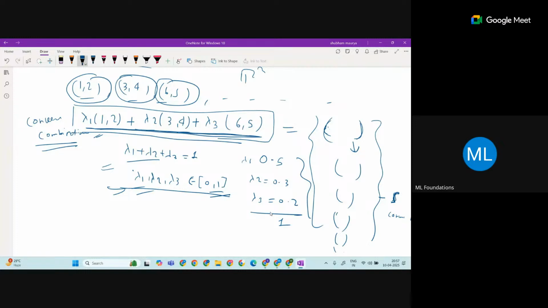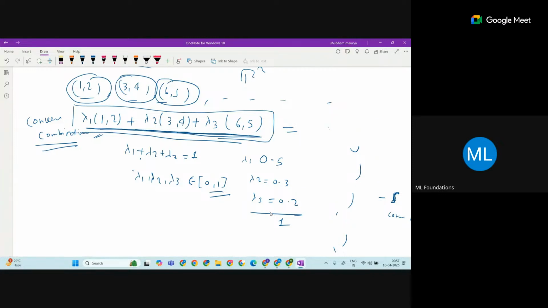Within this constraint, I choose lambda 1, lambda 2 and lambda 3 values, substitute them here, and I get 1 point. This is one point I got.